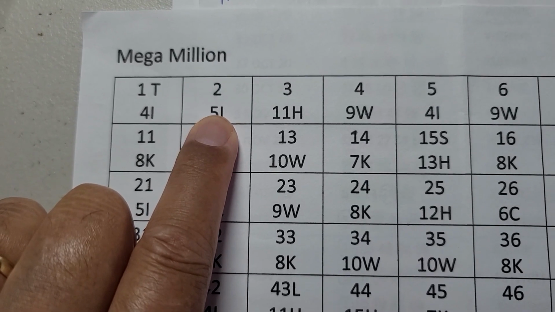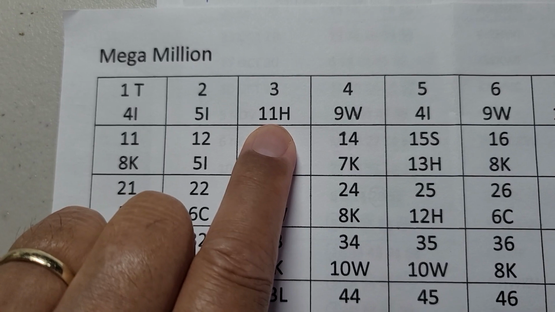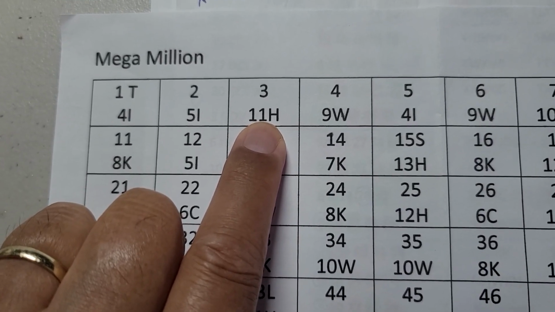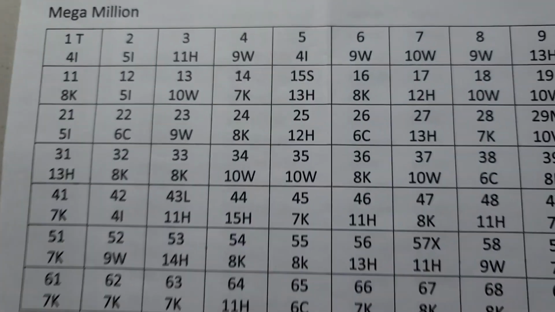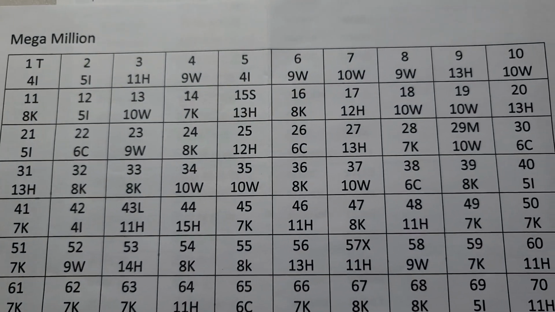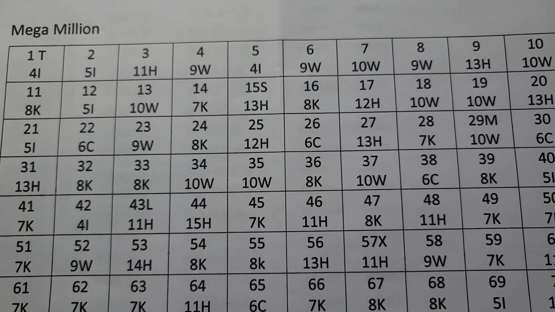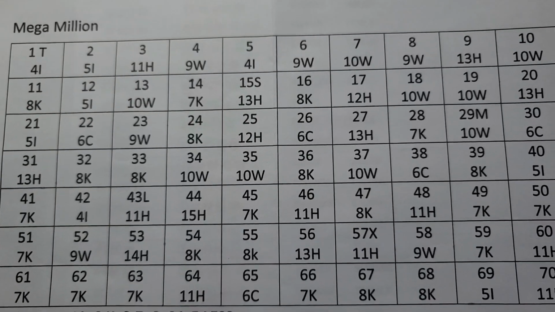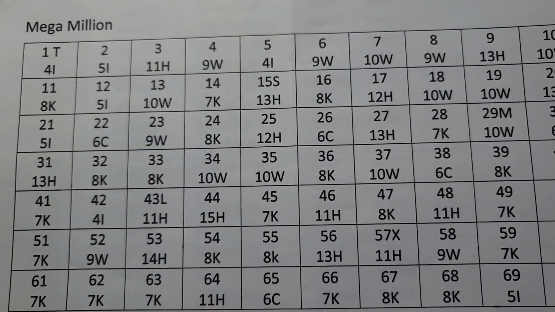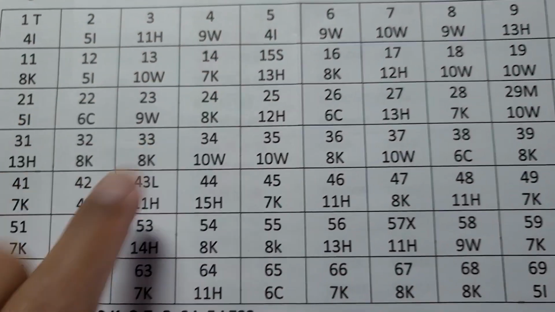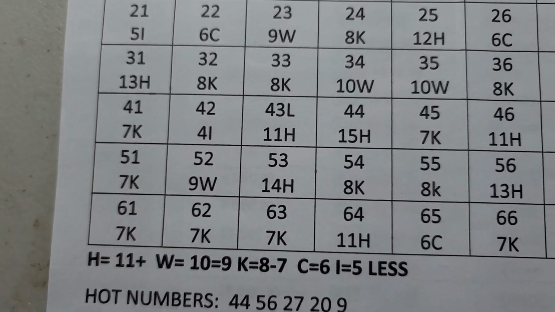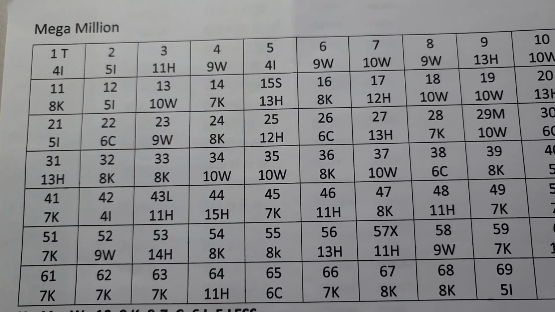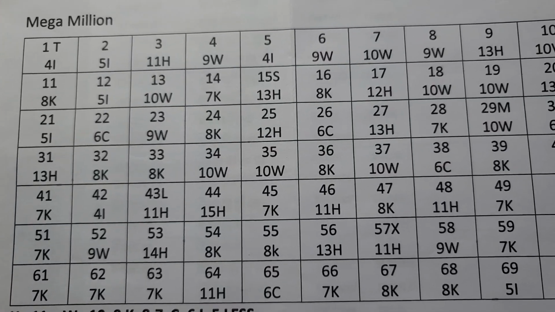Number 2 showed 5 times, and number 3 showed 11 times. So not all of the numbers are equal, and some numbers appear more often, and some numbers rarely occur. In fact, for this number grid, the numbers 4, 5, and 42 are the coldest numbers, and these numbers appeared only 4 times in the last 100 games.